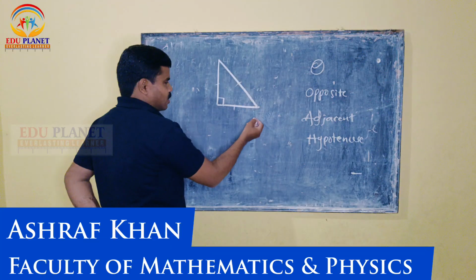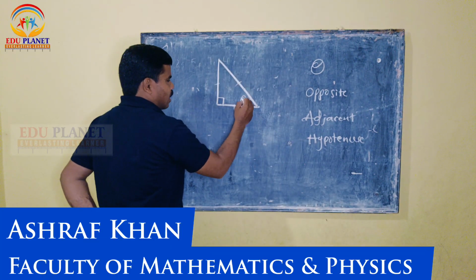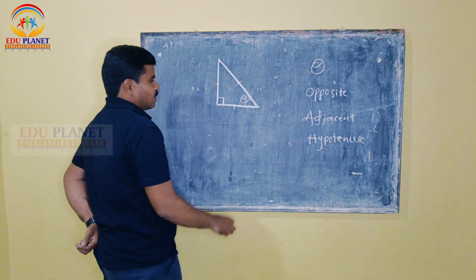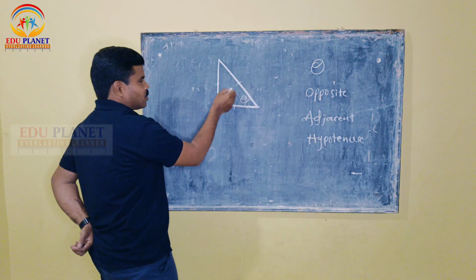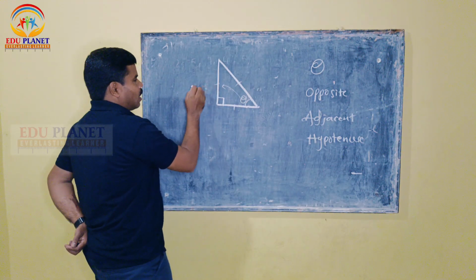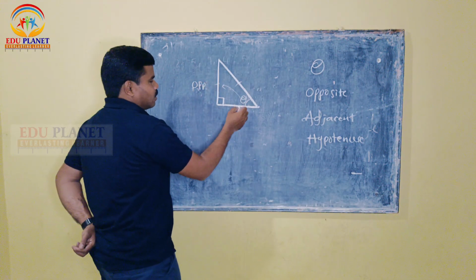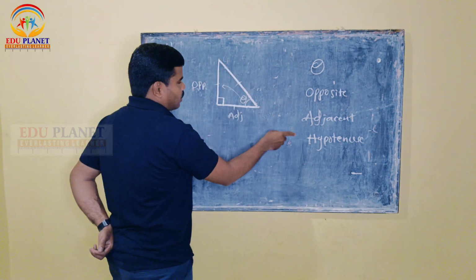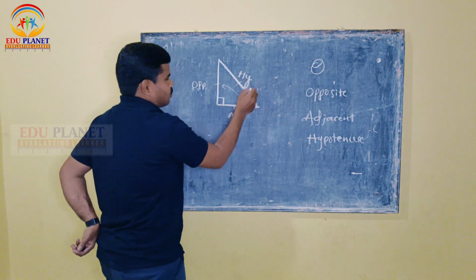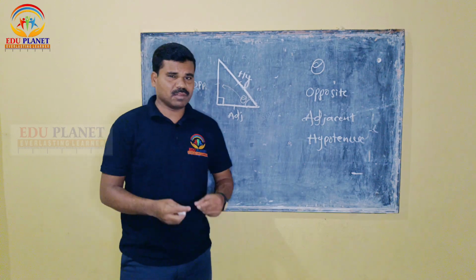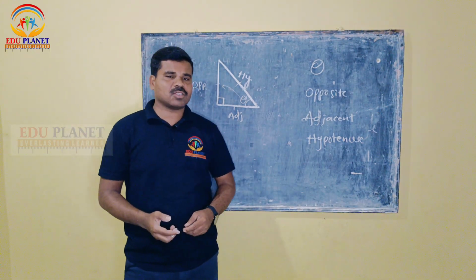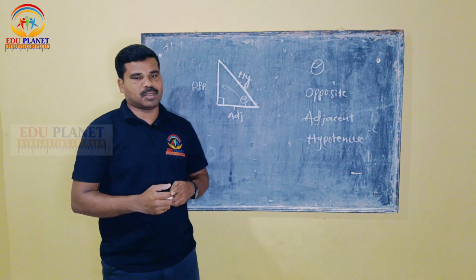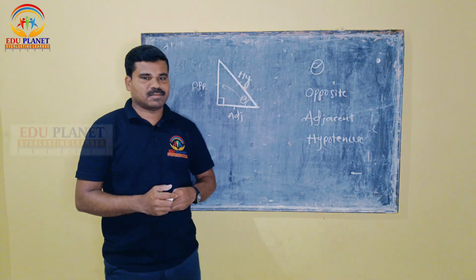For example, suppose I am taking angle theta. Then for this theta, height will be the opposite side, and this would be the adjacent side. The longest side is always considered the hypotenuse. With the help of these four components, we can solve trigonometry related problems. Let us see some of them.